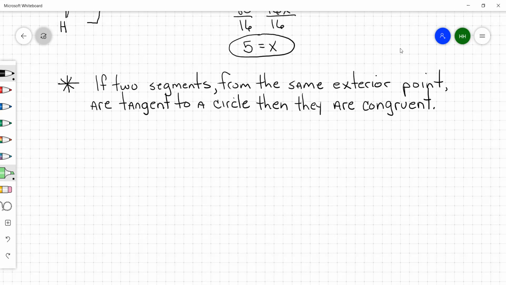If two segments from the same exterior point are tangent to a circle, then they are congruent. So here's what that looks like.